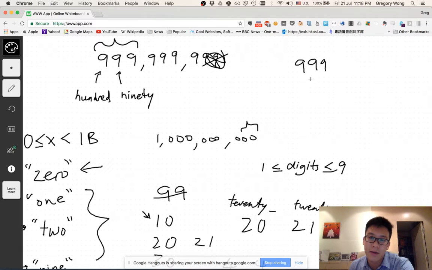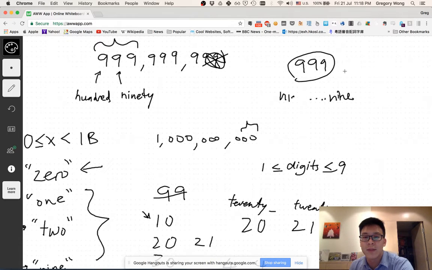We look at the group of 3 and give it a number. Here it would be 999, and it's a million, so we add million to that, and then we look at the next group.